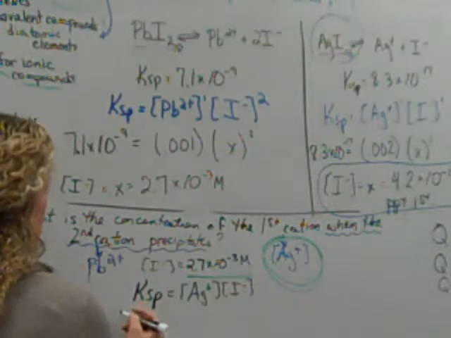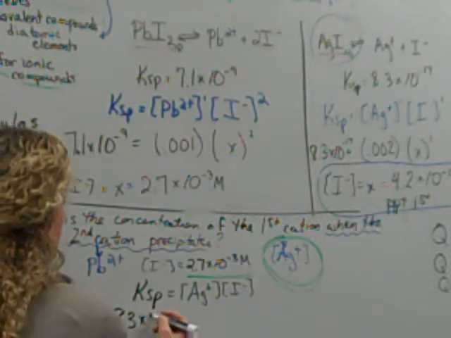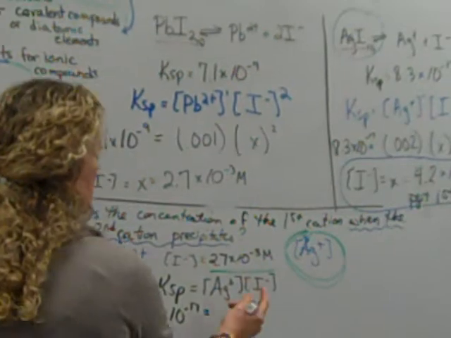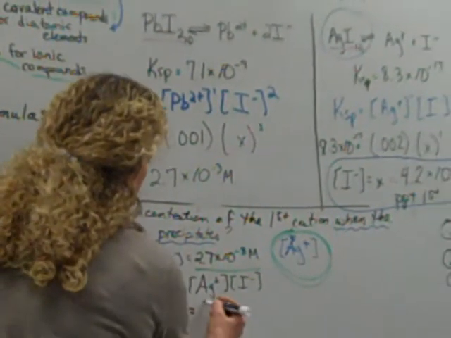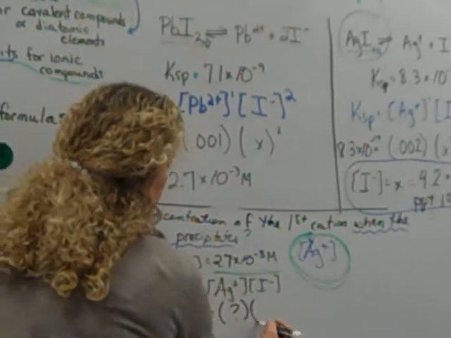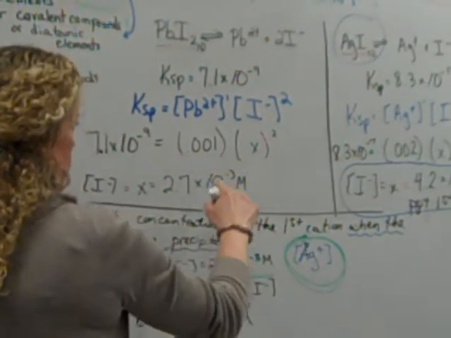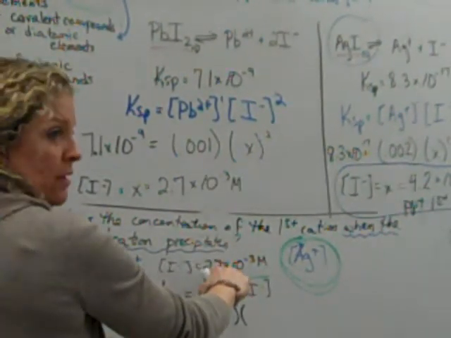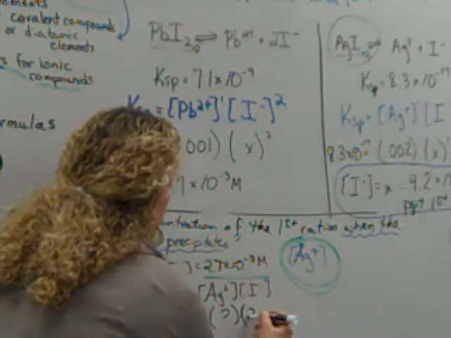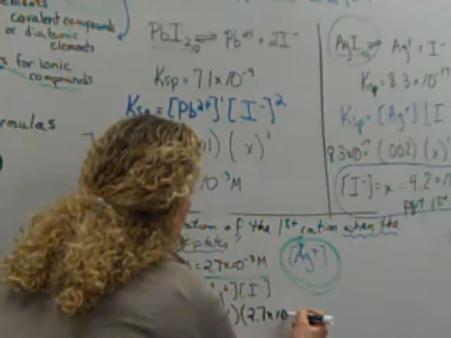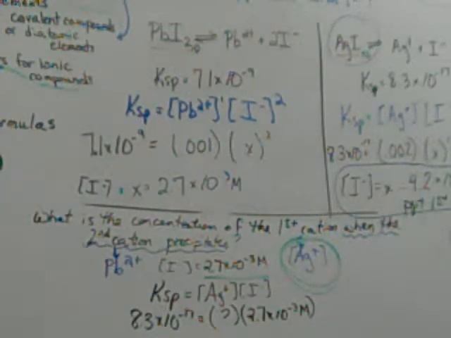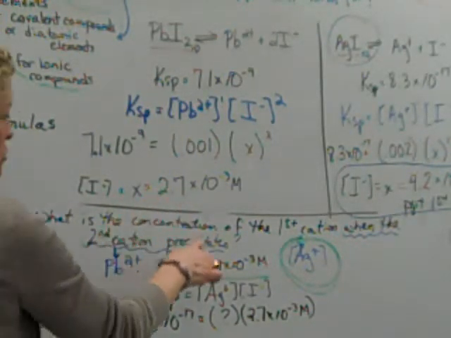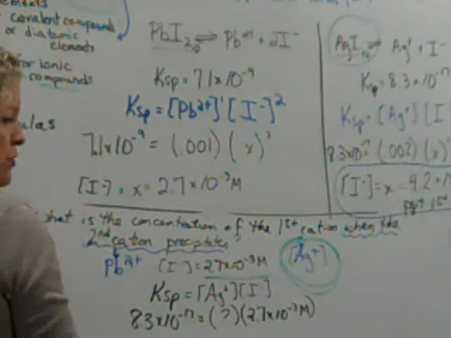We know KSP, it's 8.3 times 10 to the negative 17. We don't know silver, that's what we're trying to solve for. The iodide is going to be this one, 2.7 times 10 to the negative 3 molar. Does that make sense? Because this is what has to be true when the second one starts precipitating.